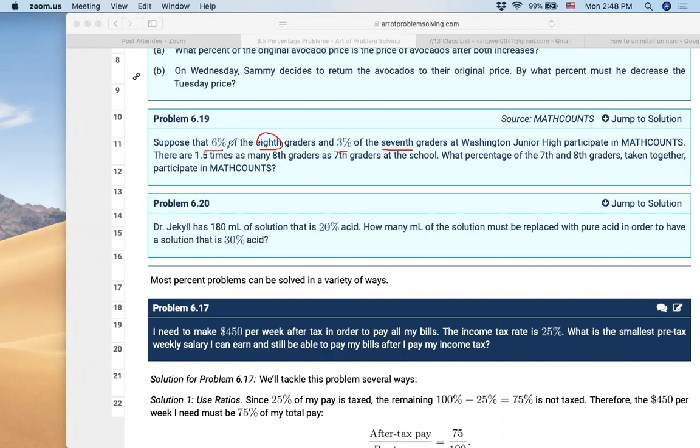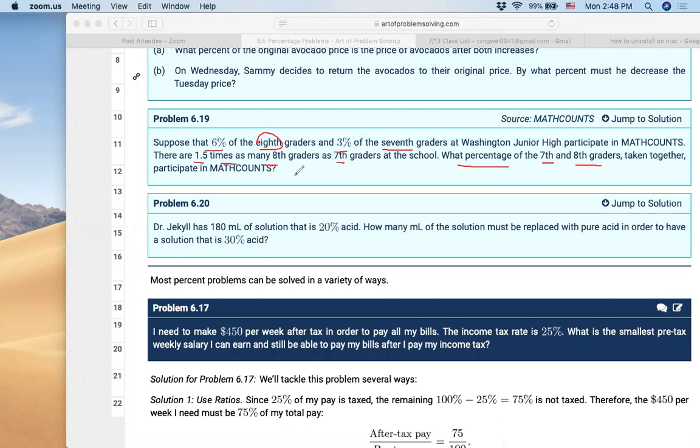There are 1.5 times as many 8th graders as 7th graders at the school. What percent of the 7th and 8th graders taken together participated in Math Counts?